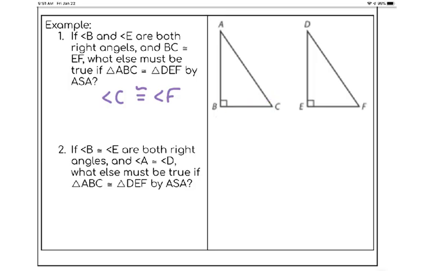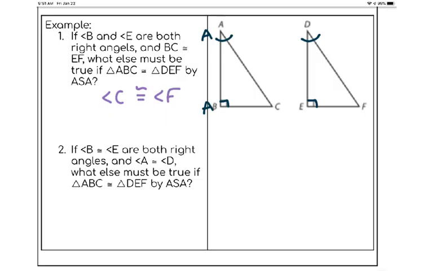So then it says that if B and E are both right angles, so again, we know that, and angle D is congruent to angle A, what else might need to be true in order for these 2 triangles to be congruent? Well, we have this angle, and then we have another angle that we know are congruent.